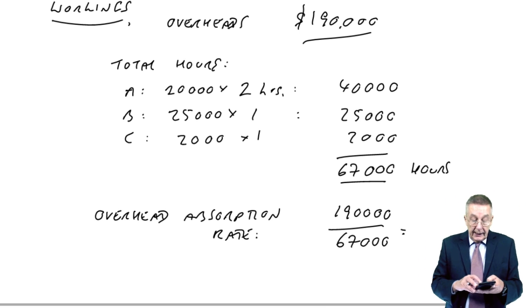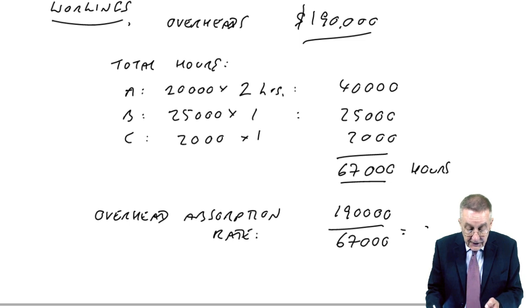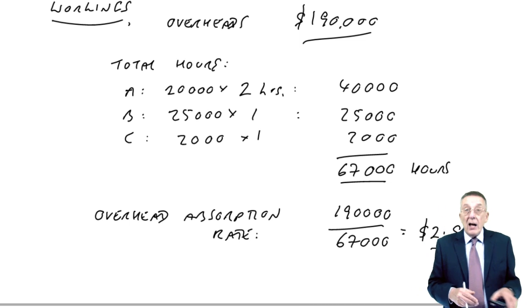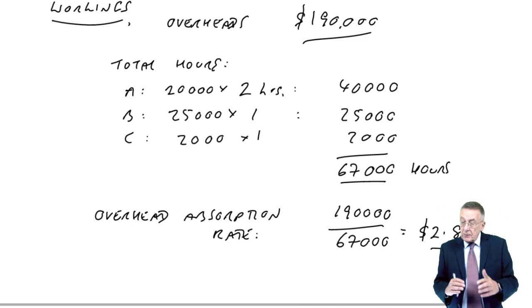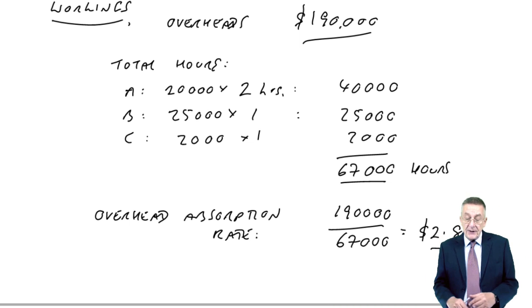And if I can find my calculator, that comes to $2.84 per hour. When you're doing unit costs, don't worry too much about rounding, but normally the unit costs go to the nearest cent.